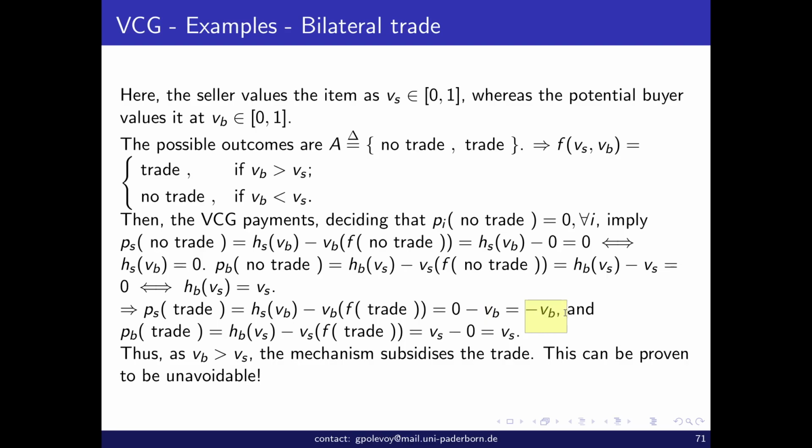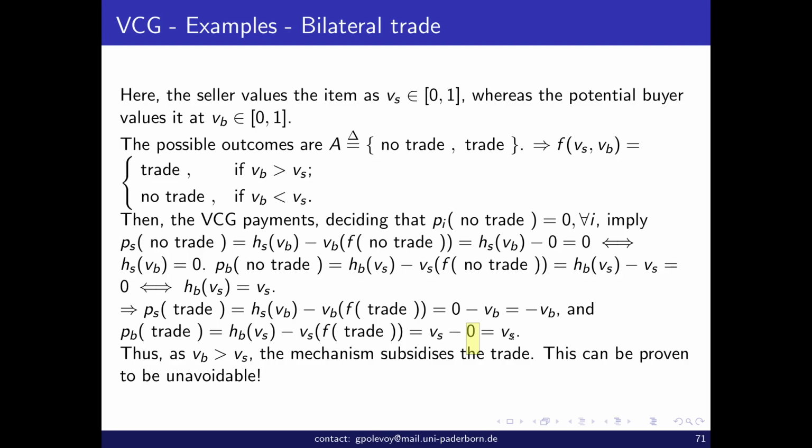Now, what is the pay of the buyer? We expect it to pay, of course, not to get paid. Let's see. Pay of the buyer for the trade. It means that h of the buyer for Vs, which we know is Vs, minus the value of the seller for the chosen alternative. So it's Vs minus the value of the seller for having traded this. So now the seller doesn't have anything, it's 0.